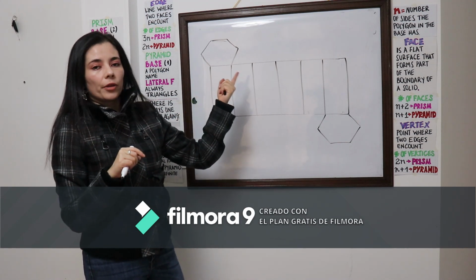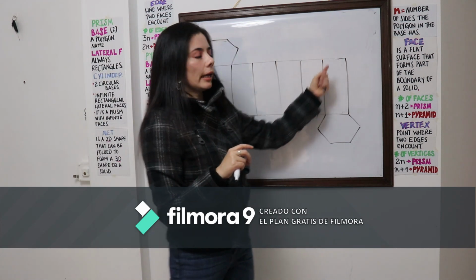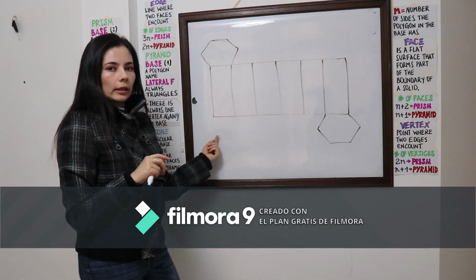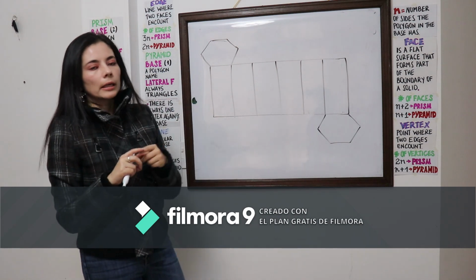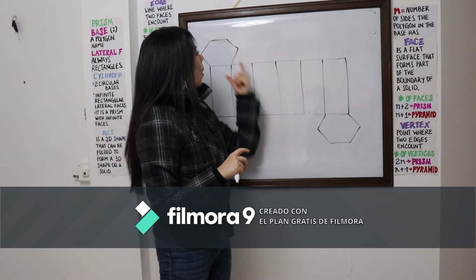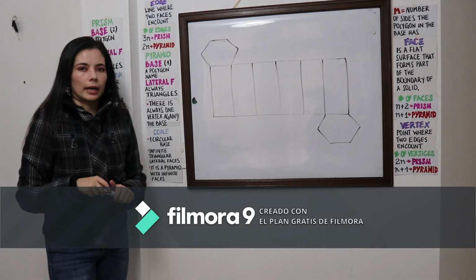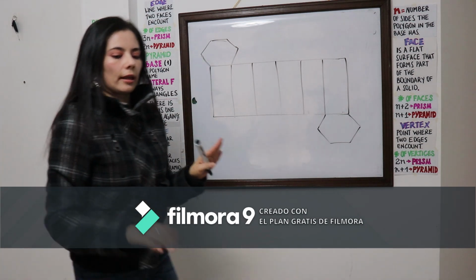And you're going to end up with a hole on the other side. So you need to make sure one base is on this side and the other base is on this side to get the net. This is one net. Now can I have the hexagon right here in the middle? Sure, not a problem. Or can I have this hexagon right here at the end? It's all fine, right? So nets work just like that.